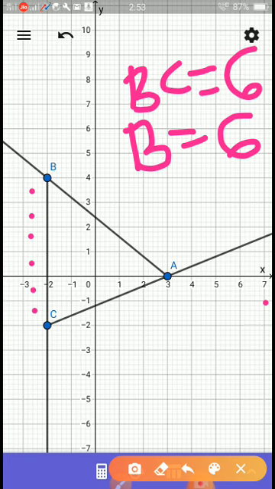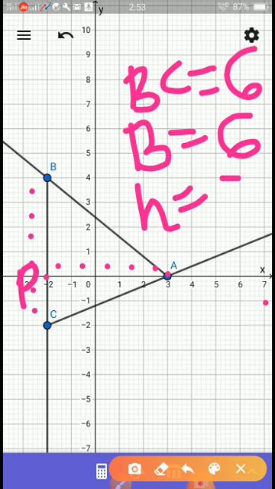Then what is my height? My height was AP. This is point P. So just calculate how many squares I have between A and P. 1, 2, 3, 4 and 5. That means my height AP will be 5 units.